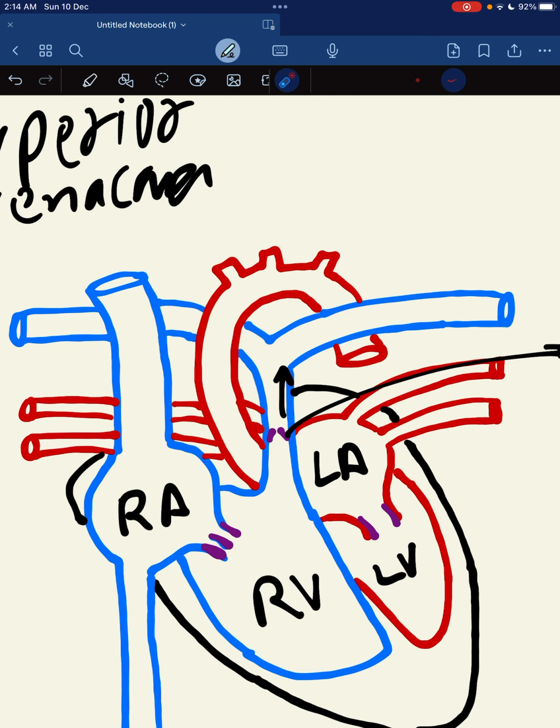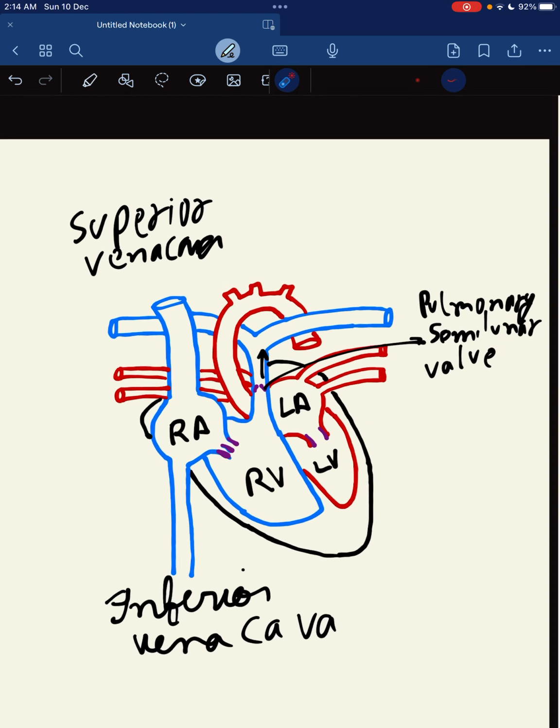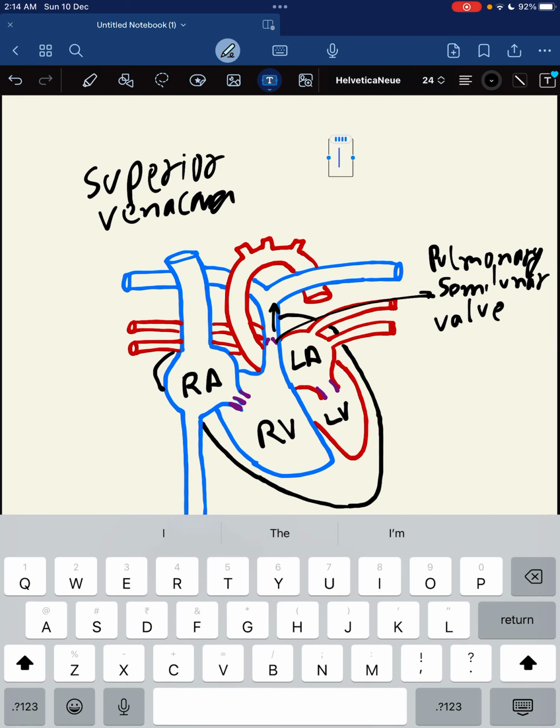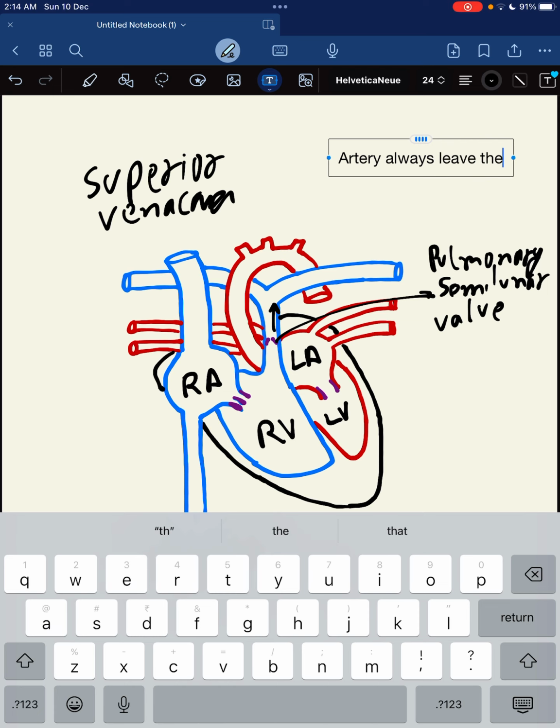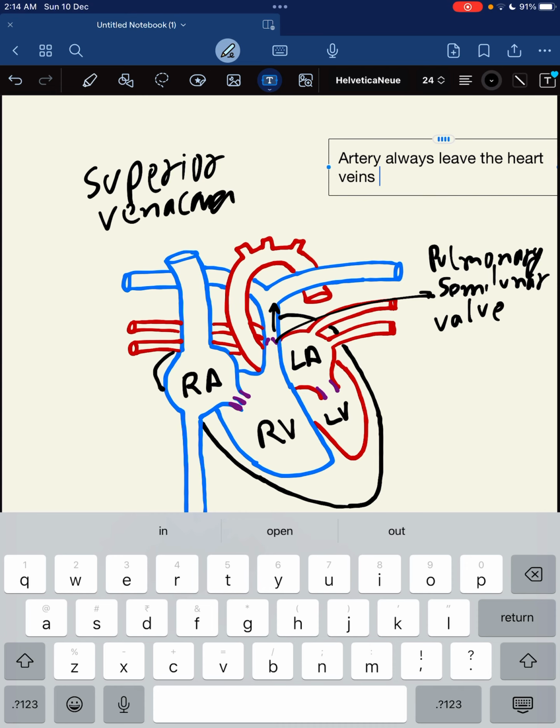An important point here: arteries always leave the heart, and veins always return.